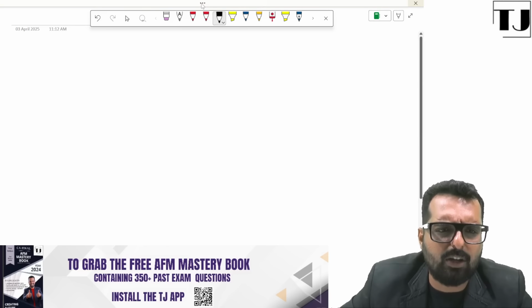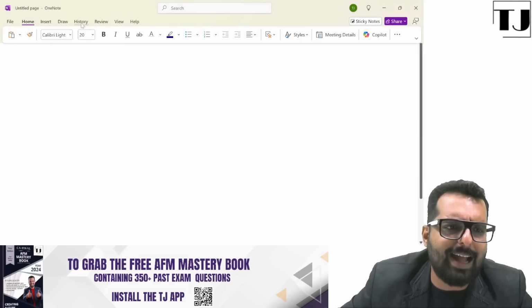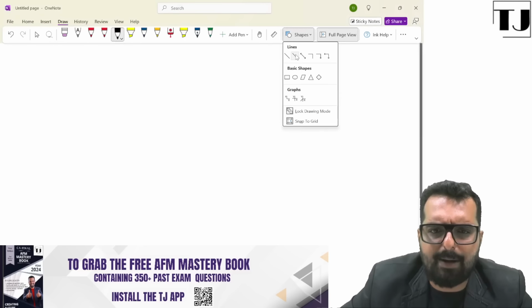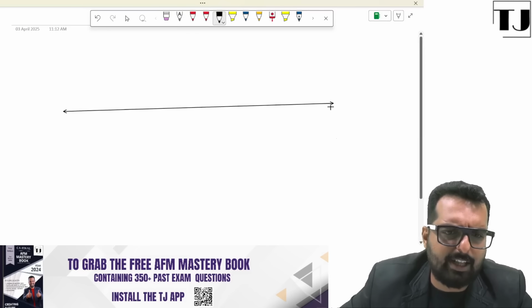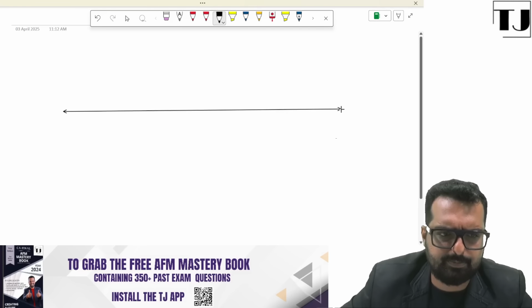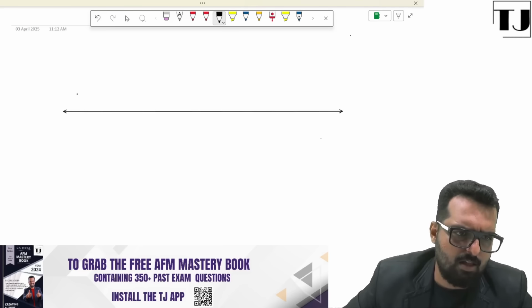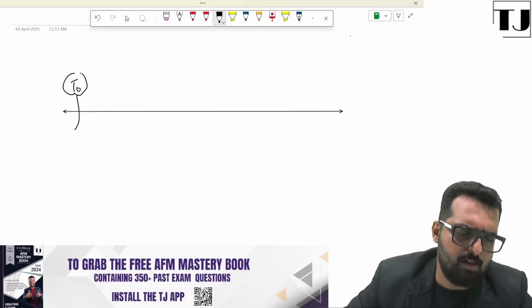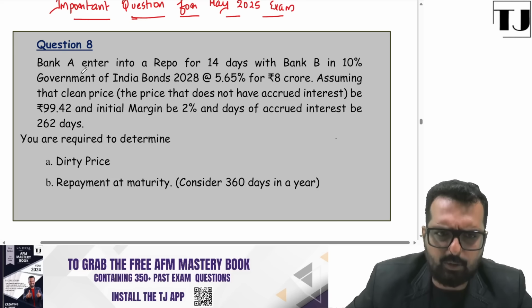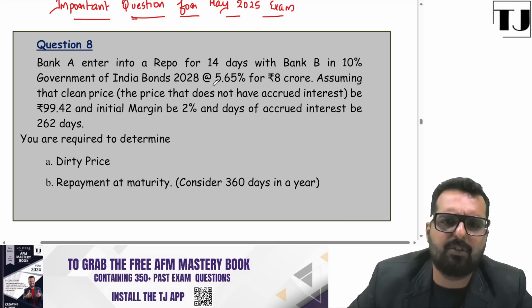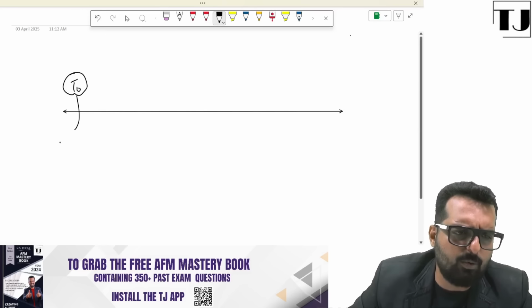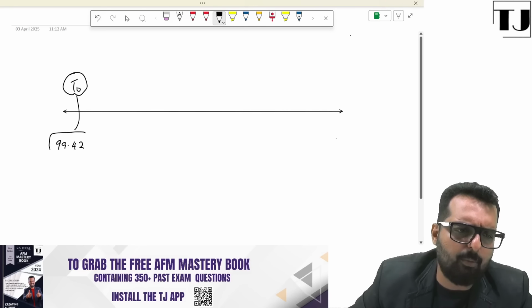It's basically a short-term loan that is taken by bank A from whom? From bank B. So I'll just draw a table now. Time 0, you will have the T0 over here. They have told that the clean price is turning out to be how much? 99.42.